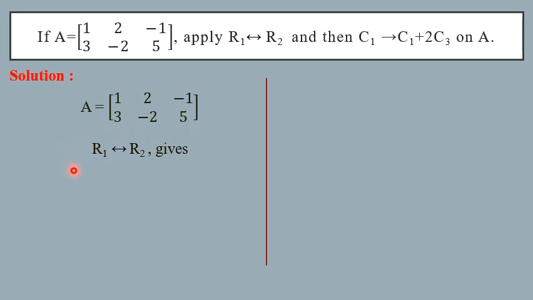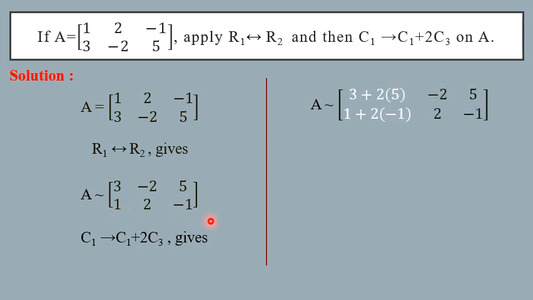After applying these transformations, matrix A is equivalent to this one, where we replaced these two rows. Now we perform the operation C1 changes to C1 plus 2C3 on this matrix. That means we multiply the third column by 2 and add it into the first column. We multiply this 5 by 2 and add it to 3, and multiply this minus 1 by 2 and add it to 1.